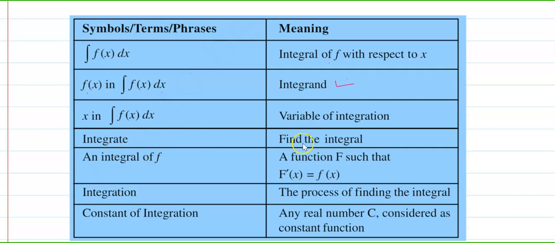Integrate means find the integral. An integral of f is a function capital F such that F dash of x is equal to small f(x). Integration is the process of finding the integral. Constant of integration is any real number c considered as a constant function. These are the symbols and their meanings we will use when we solve the examples.